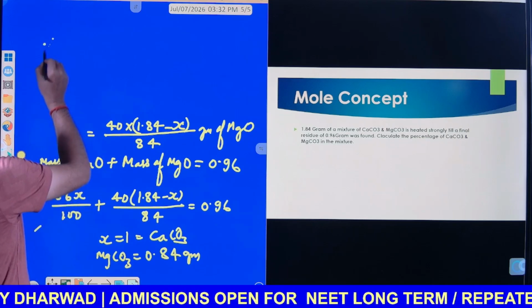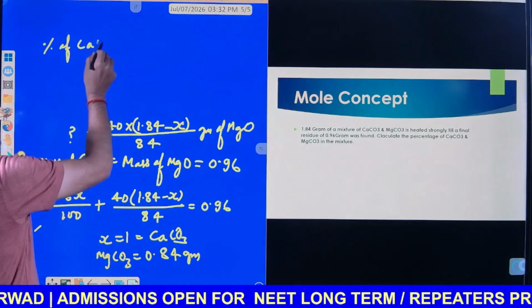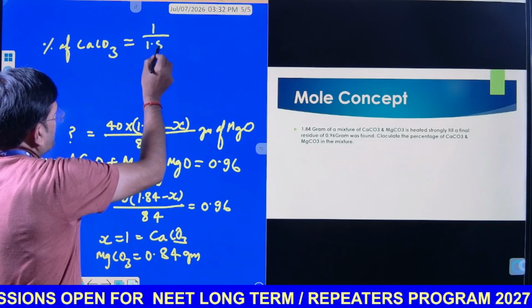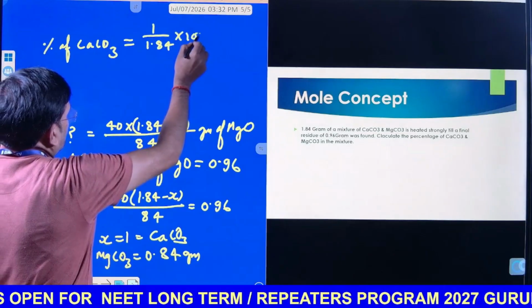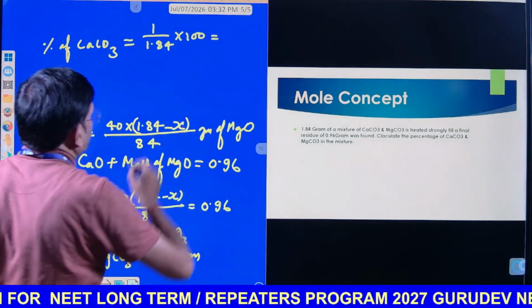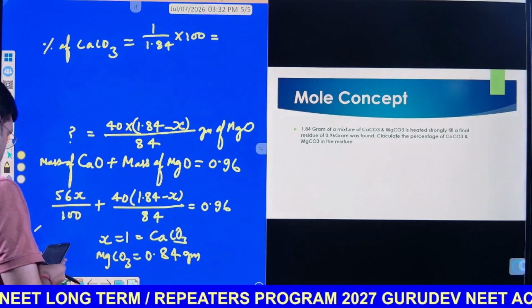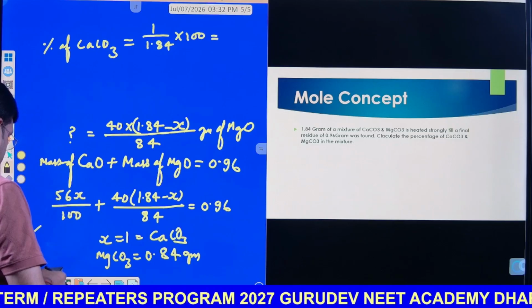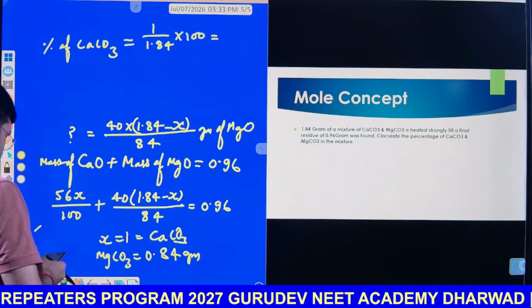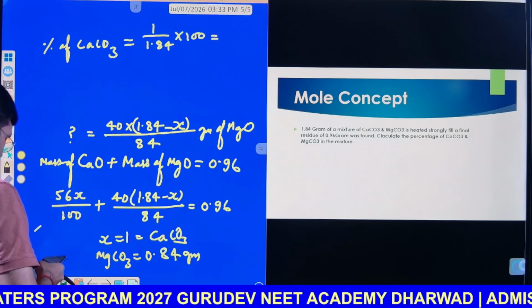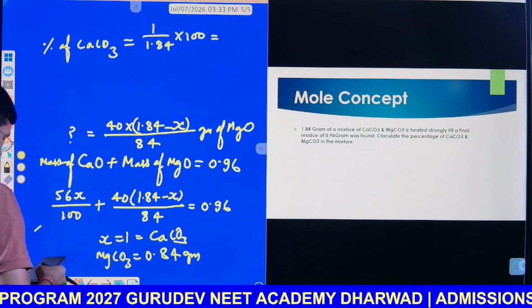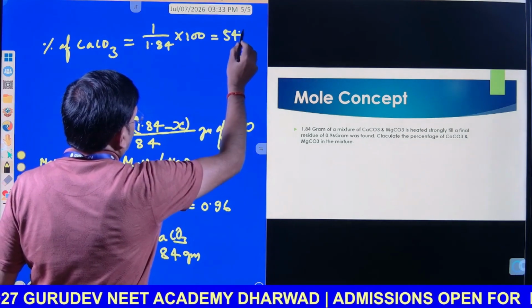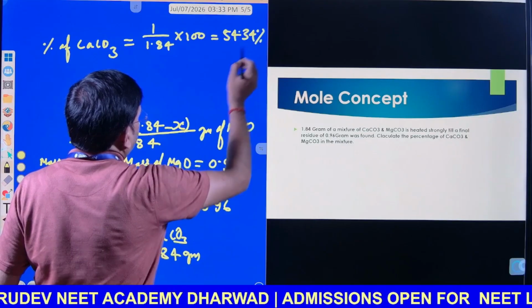See here, percentage of CaCO3: mass of calcium carbonate is 1, total mass is 1.84, into 100. So it is coming out to be 54.34%.